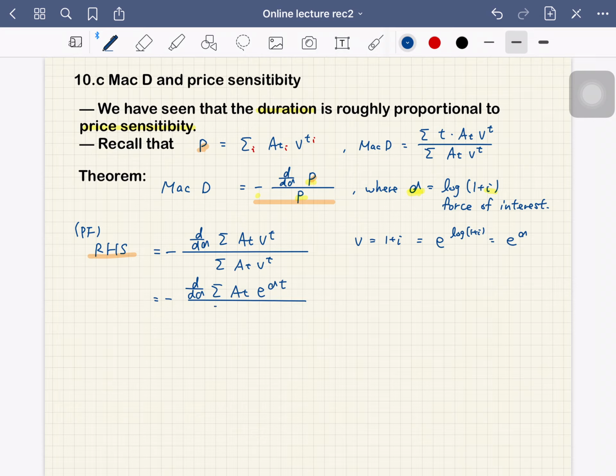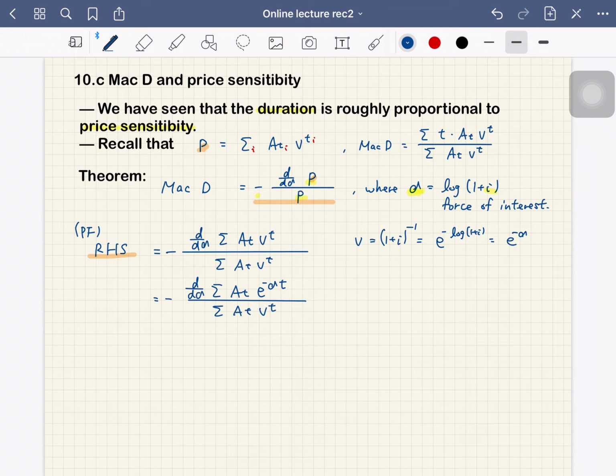And the denominator is just the same, summation of a sub t v to the t.